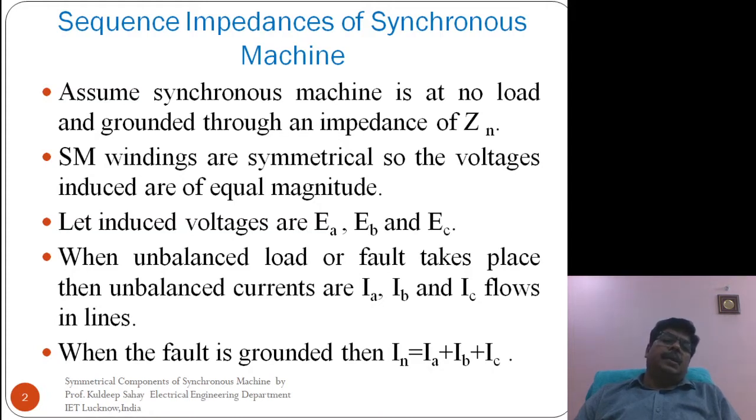So it is designed such that all the windings are symmetrical, so the induced EMF at its terminal will be of equal magnitude.